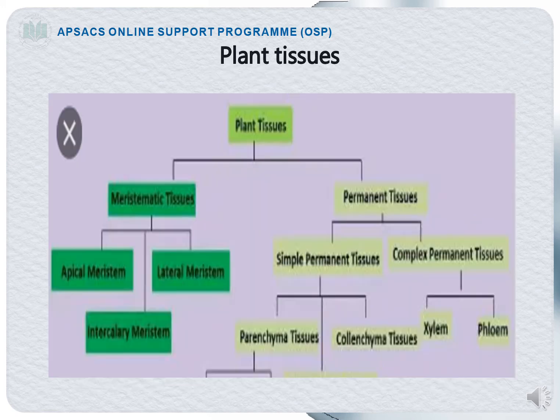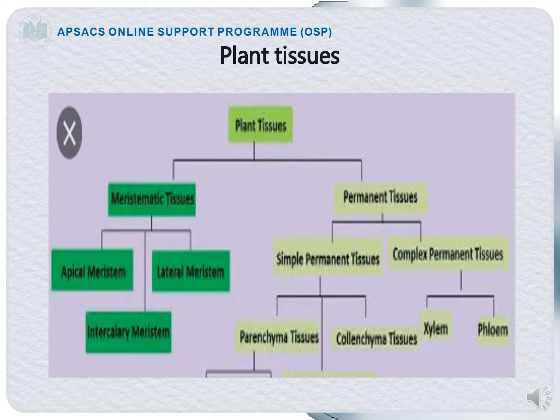Now, the flow chart of the plant tissues. Plant tissue is divided into two types, that is meristematic tissues and permanent tissues. Meristematic tissues have further subtypes, that is apical meristem, lateral meristem, and intercalary meristem.